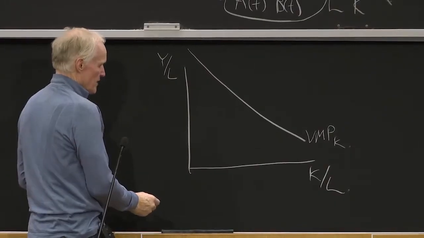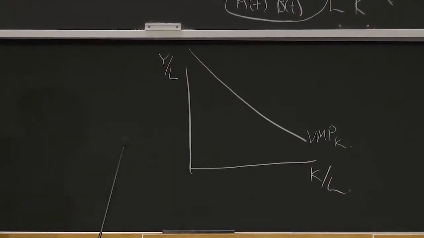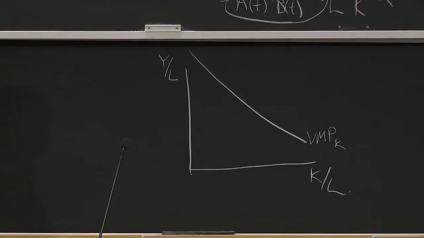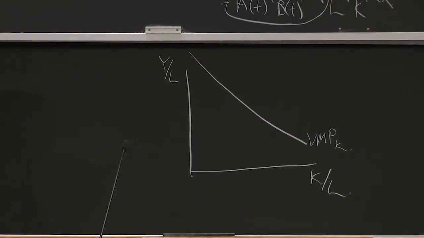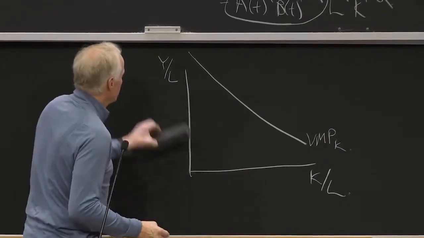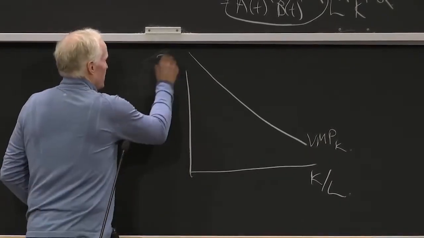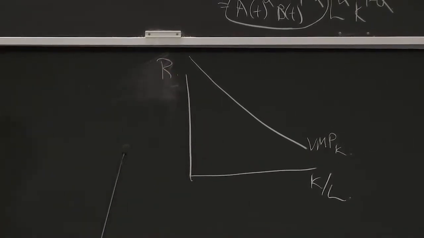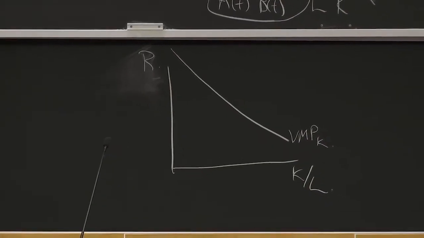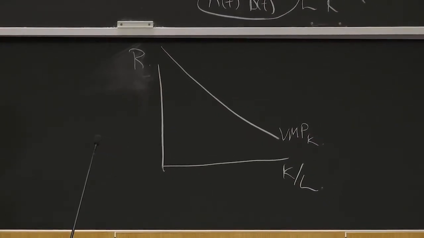Yeah. So that's the value marginal product of capital schedule of capital. We put R. That's the value marginal product schedule of capital.